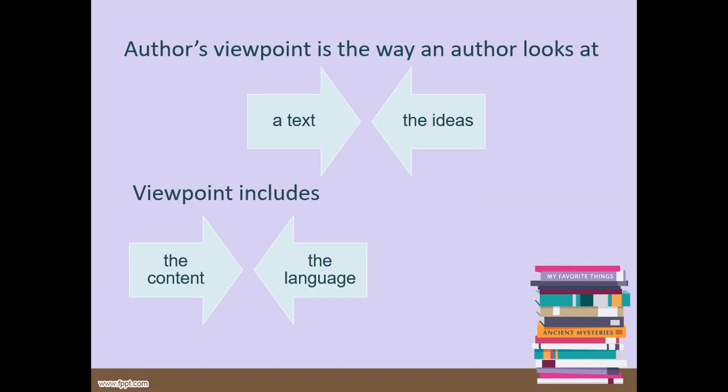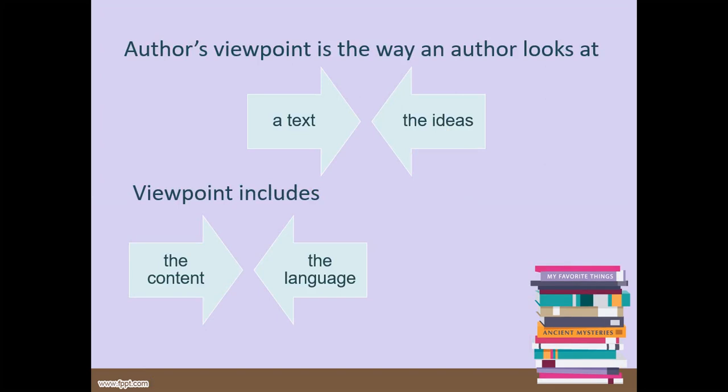Instruction for author's viewpoint helps students, or let's say readers, read in order to identify the validity of information. Readers identify words and phrases that show an author's strong feelings for or against a person, group, or issue. They identify selections that present various perspectives on a topic.